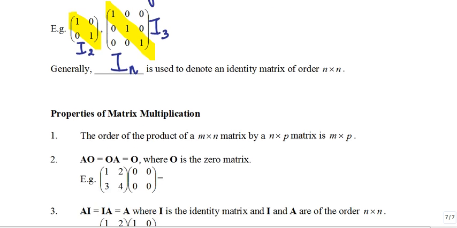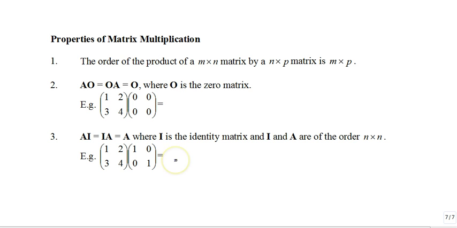Now, some properties of matrix multiplication. First, let's look at the property related to the identity matrix. Your identity matrix I is like your 1 in multiplication. When you multiply anything by 1, you get back the original again.